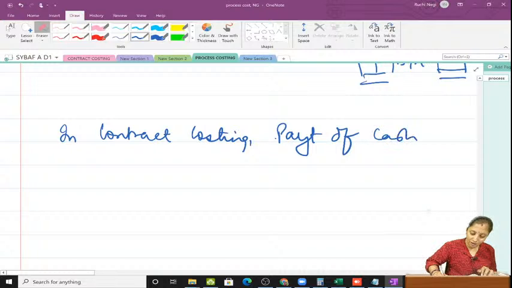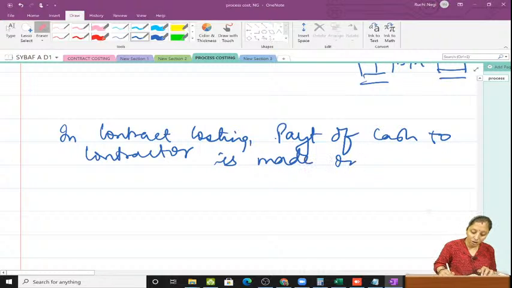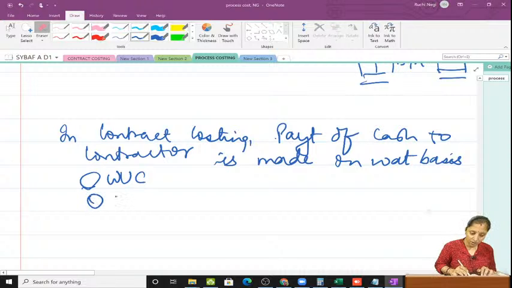Payment of cash to the contractor is made on what basis? I'll give you the basis. Is it on the basis of work uncertified, or WIP? Is it work certified, or retention money?